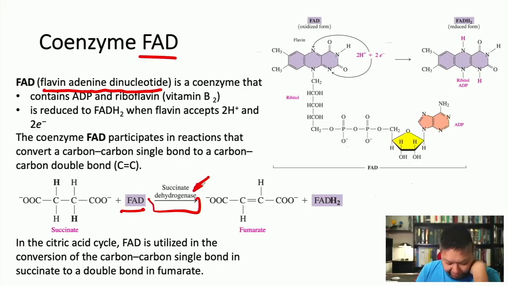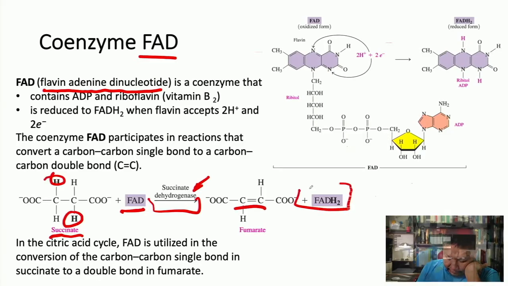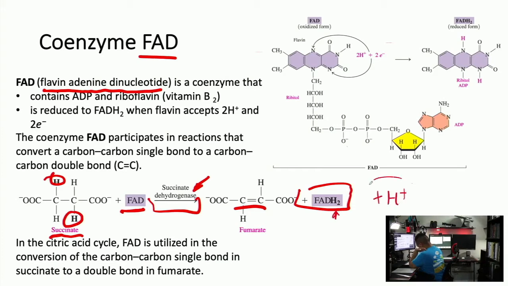So FAD can oxidize succinate right here, and we lose these two hydrogens, making a double bond right there, and we get FADH2. Notice it's FADH2, and since there are already two hydrogens there, you don't have to have the plus hydrogen like we did with NADH. We only see FADH2 in the citric acid cycle, which we'll talk about later.